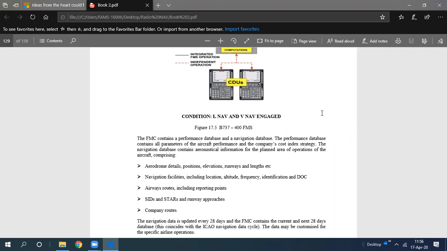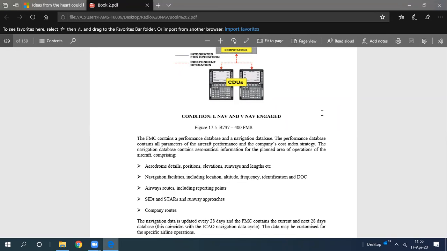Now, the responsibility of filling or updating the data is with the engineers, and this is done every 28 days. The data updating is done by the engineers of the company, because they know the company routes, etc., and they are supposed to update your FMC every 28 days. You as a pilot cannot do any modification or changes to this information.